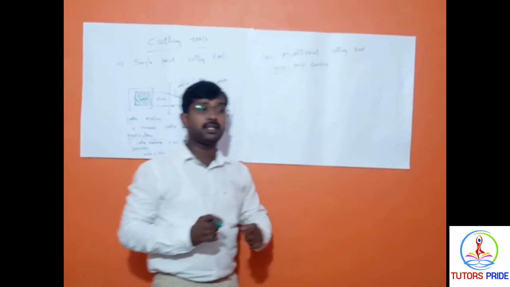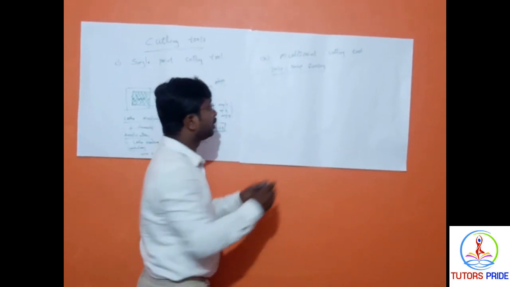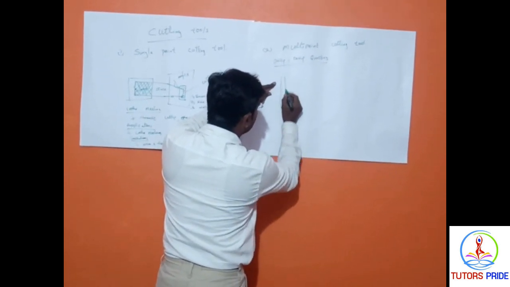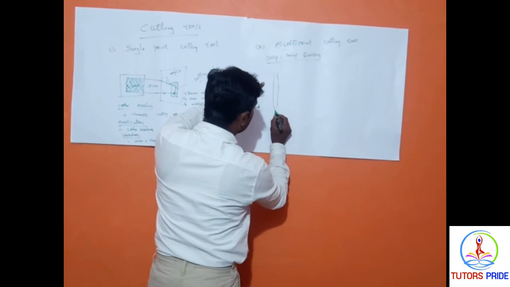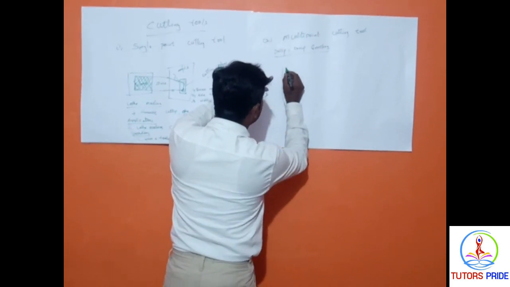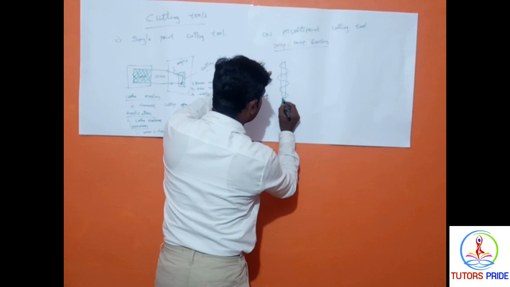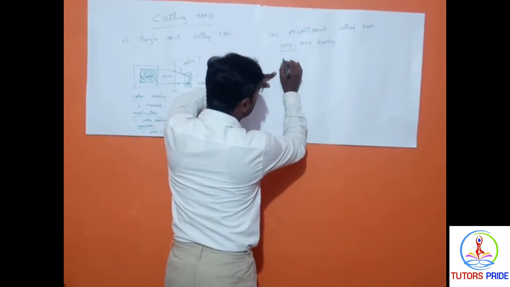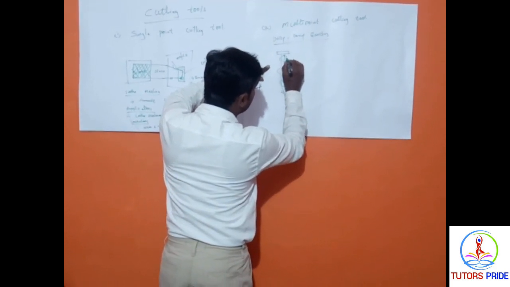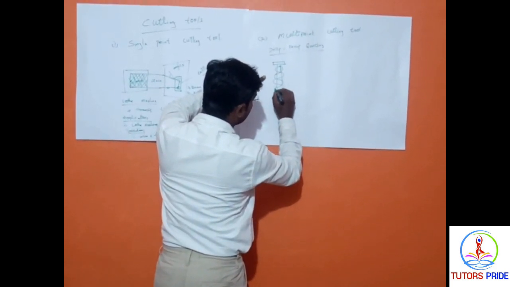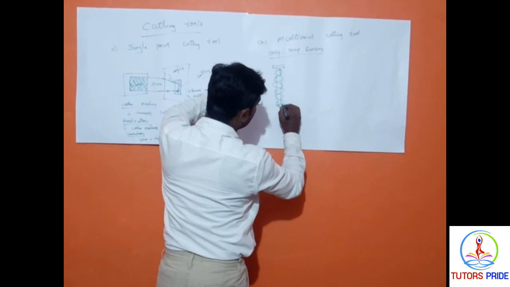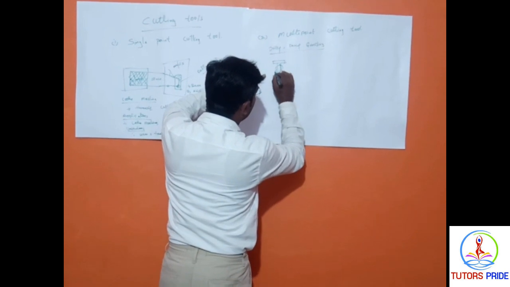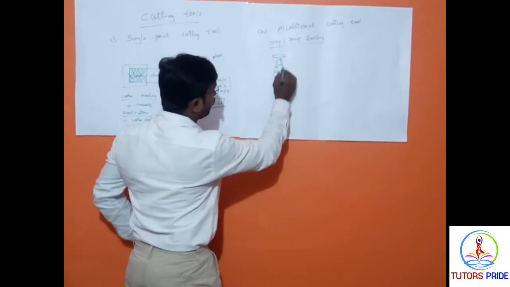But why is this very important in such topics? Because there are many examples, such as the drill bit. See, this is the drill tool, and we have the cutting edges.